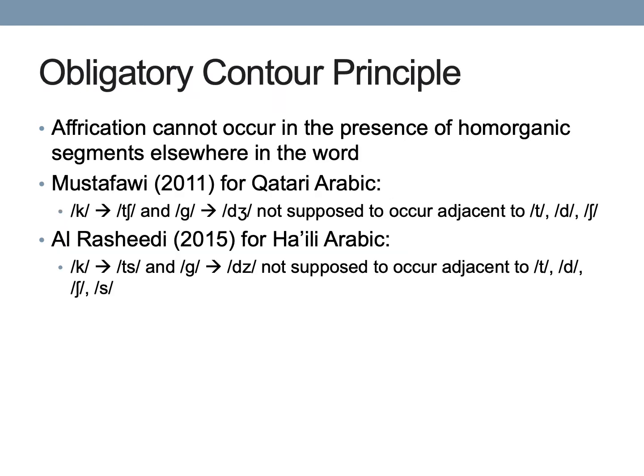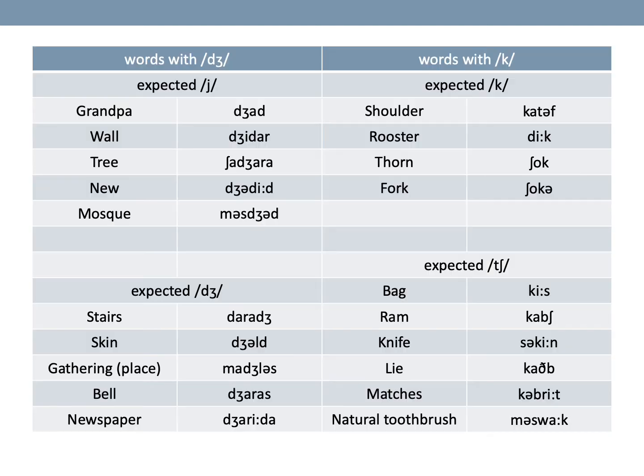Our goal was to investigate the potential effects of the obligatory contour principle, previously proposed to constrain both affrication and lenition in Qatari and Haili Arabic. Specifically, these accounts propose that the affricate variants are blocked from co-occurring with homorganic segments in close proximity.